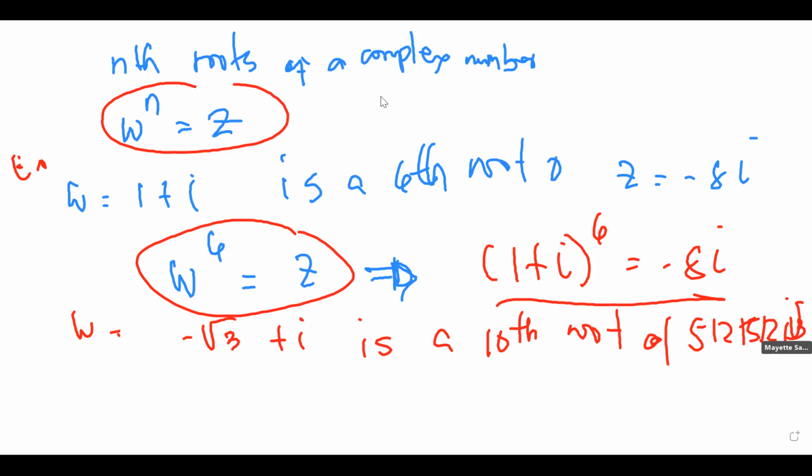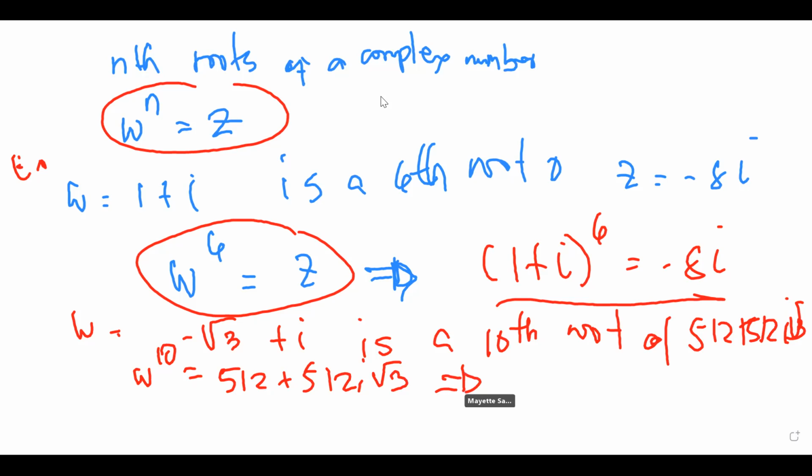We can write this as w^10 = 512 + 512i√3, or you can write it this way: (-√3 + i)^10 = 512 + 512i√3. Okay, so that's what we call the nth root or roots of a complex number.